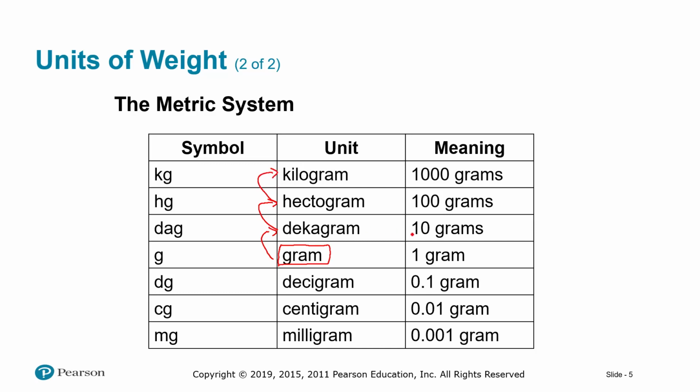And you can see this is 10 grams, 100 grams, 1,000 grams. And to be honest, kilograms, yes, you need to know that. In fact, you probably run into kilograms even in the US quite often. Hectograms, probably not. Decagrams, probably not.